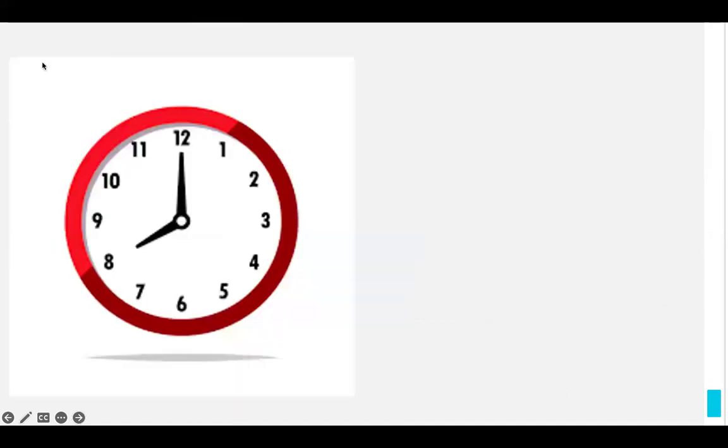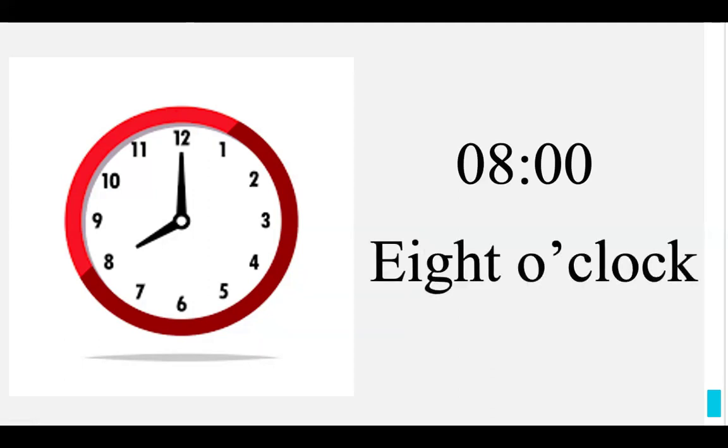Okay, so let's proceed. So if the short hand is on number 8 and the long hand is on number 12, we read it as 8 o'clock. So that is 8 o'clock, not 8:12.